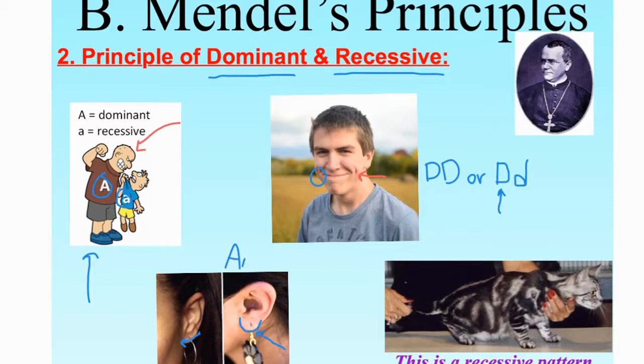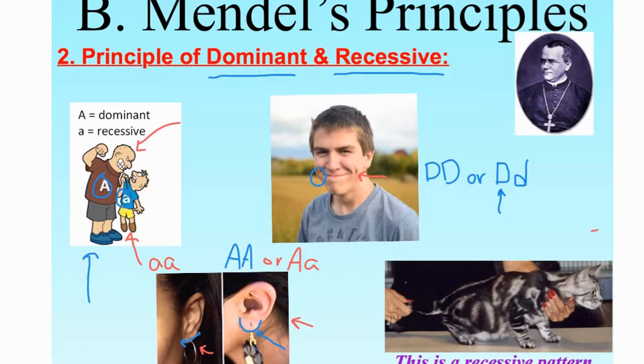So that person could have big A, big A, or they could be big A, little a. Either way, you're going to have unattached earlobes. The only way you have earlobes like this girl over here that are attached, you got to be little a, little a. You got to have 2 weak recessive alleles in order to have those attached earlobes.